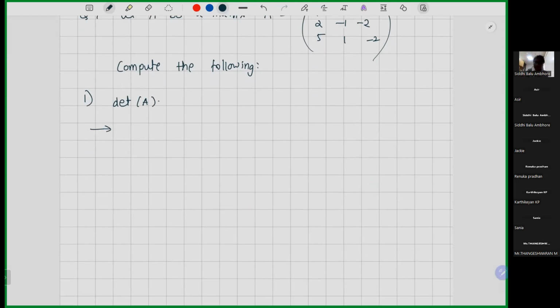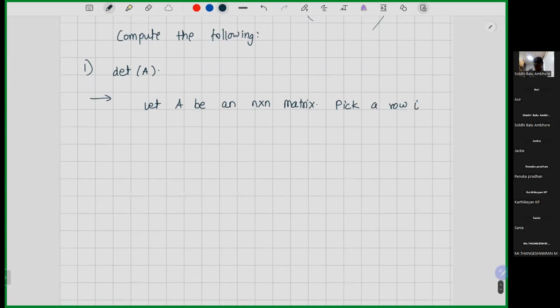So let me write the definition of determinant. We can calculate the determinant of any square matrix, and this is how we do that. Let A be an n cross n matrix, then we pick any row i from those n rows.